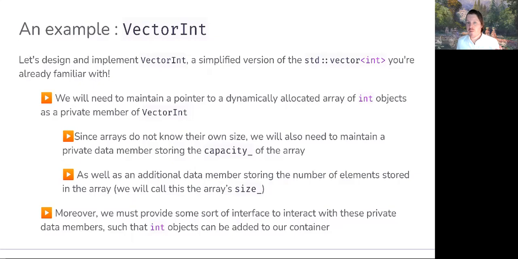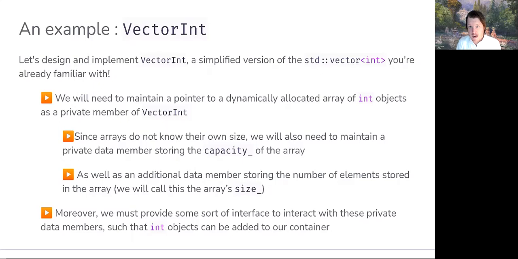If we want that array to scale at runtime, we're going to have to place it on the free store. So one of the data members we're definitely going to need is a pointer to a dynamically allocated array of integer objects that resides in the free store.